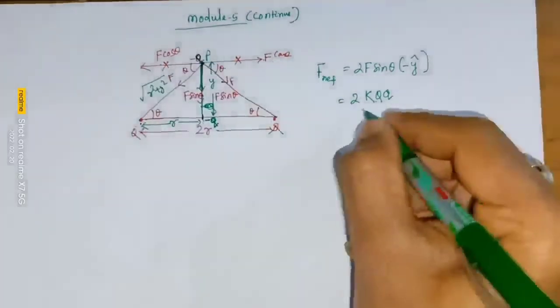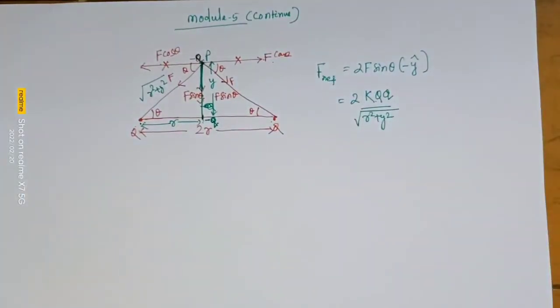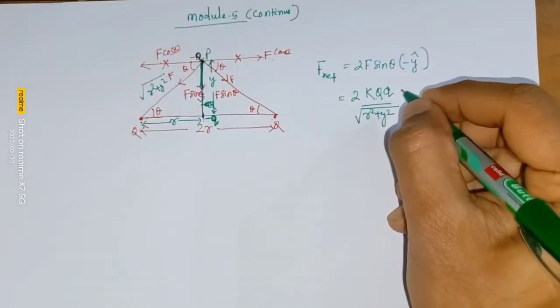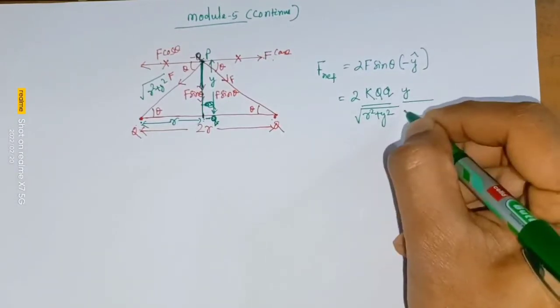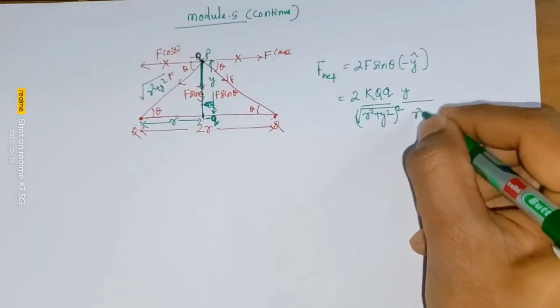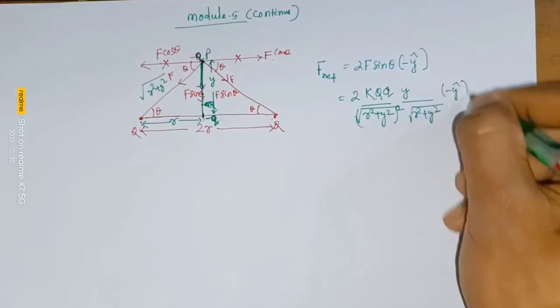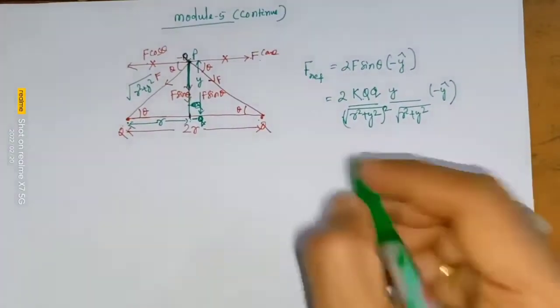So F is kQq over r square plus y square, and sin theta is y over the square root of r square plus y square, with direction minus y cap. I hope the scenario is clear to everyone.